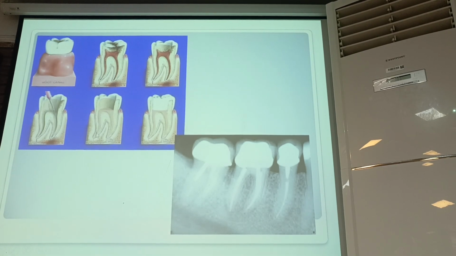It is a special plastic material named gutta-percha. And after that, the crown should be covered or filled. As I said before, full coverage is better for these teeth.